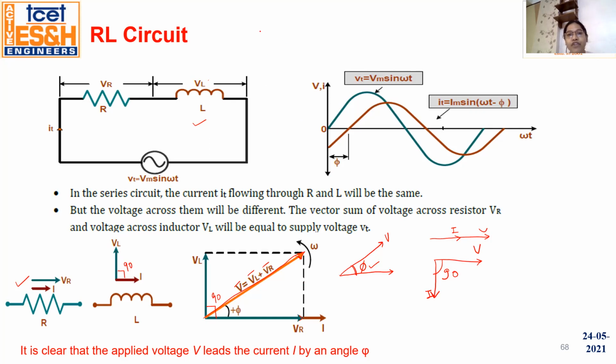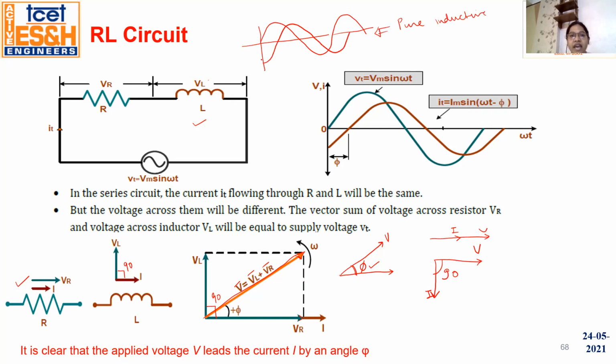Now, as per the waveform, you also know that this is the voltage waveform for the pure inductive circuit. Suppose pure inductive circuit. Now, current is 90 degrees lagging. It means like this. This is for pure inductance.